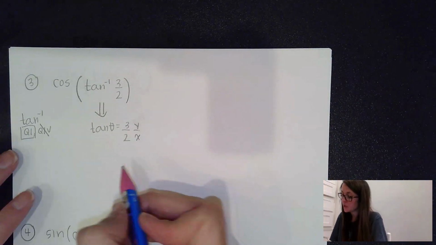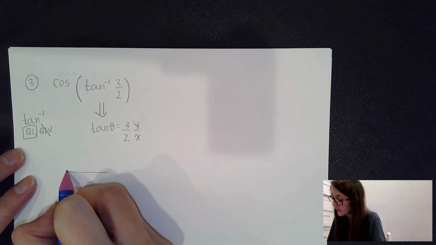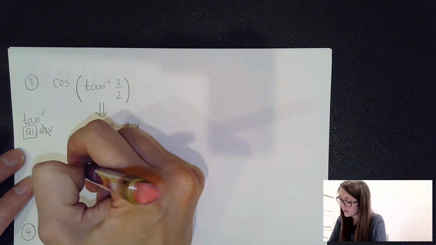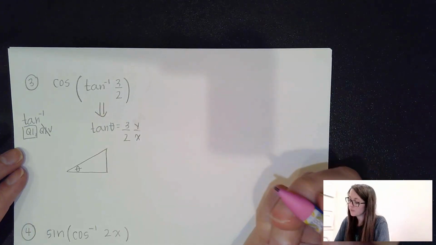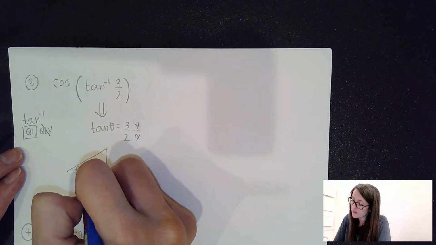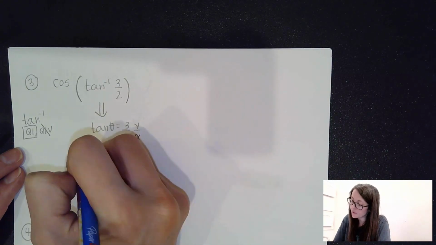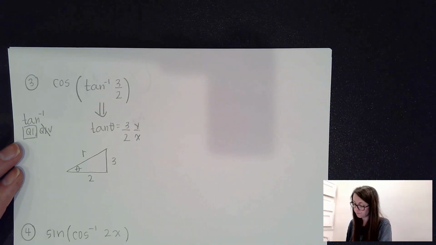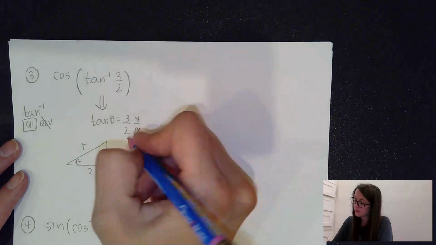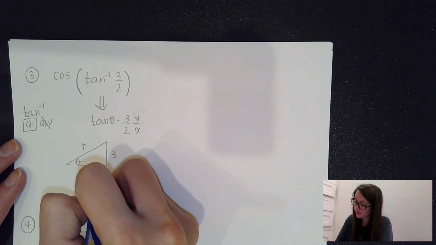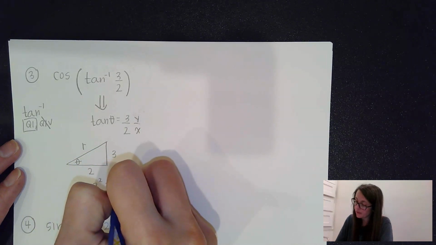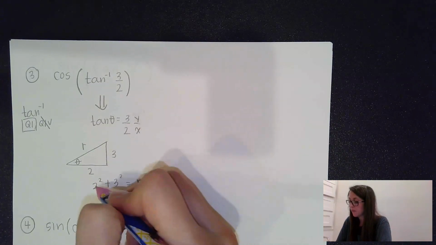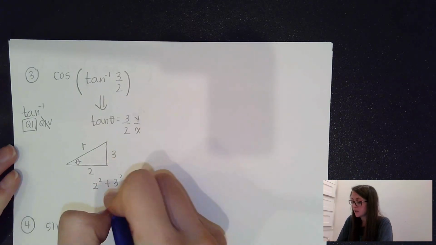So I'm in the first quadrant, so draw a triangle in your first quadrant. So that's coming from the origin there. So your x value is 2, your y value is 3, so I need to find my r value. So we would say 2 squared plus 3 squared is going to be equal to r squared. So 4 plus 9 is 13.